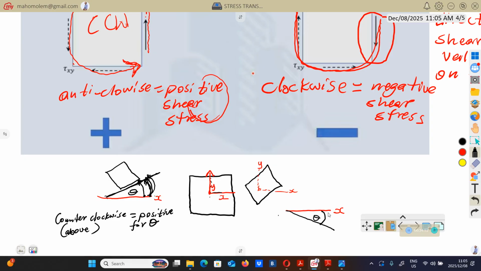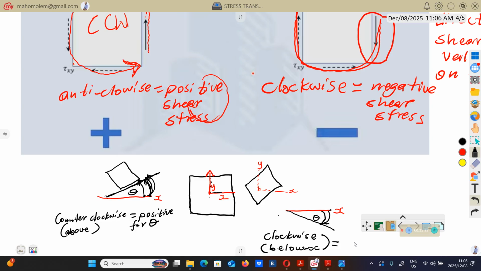So if theta is below this x, if you are measuring clockwise, remember from here to there, this direction is what is clockwise. So we can say clockwise direction, or if theta is below the x, what are you going to have?